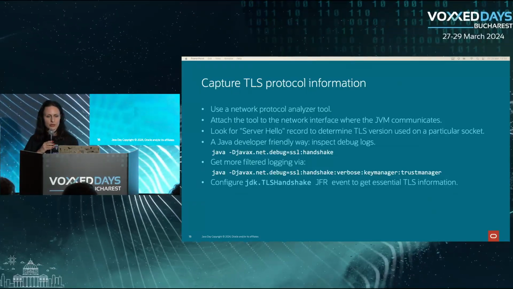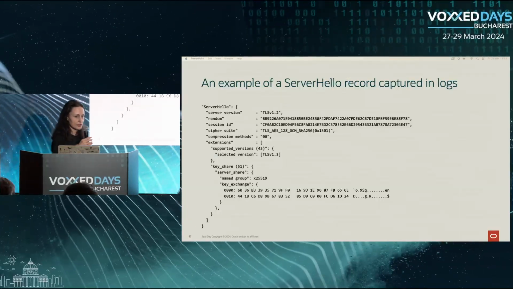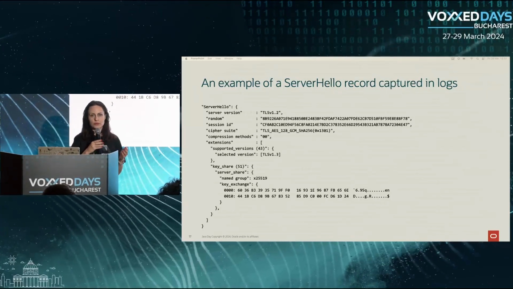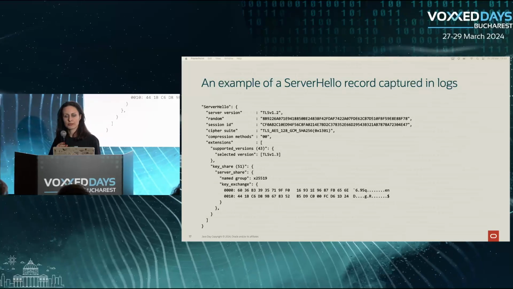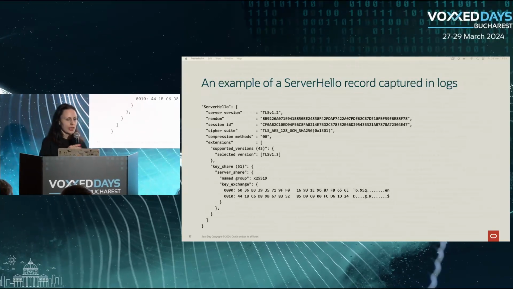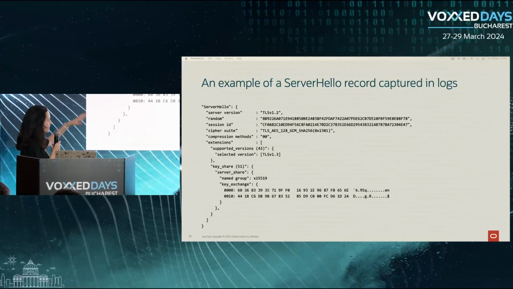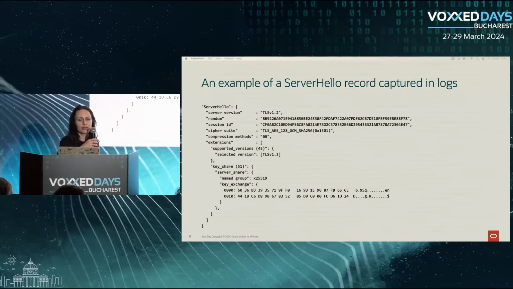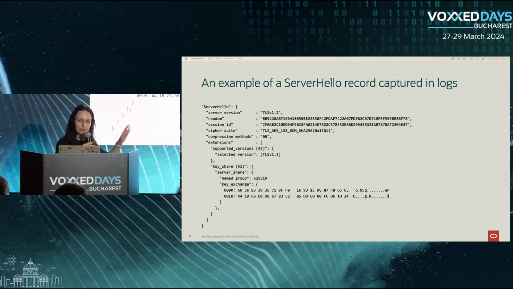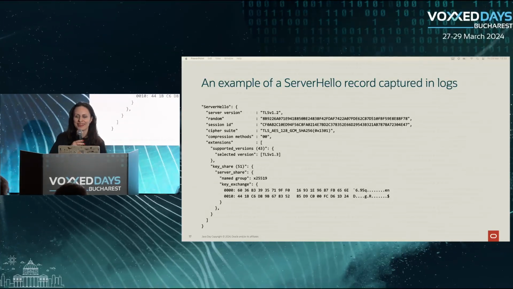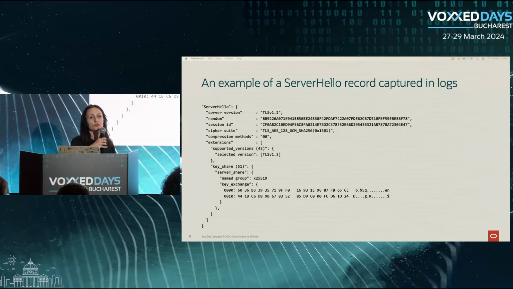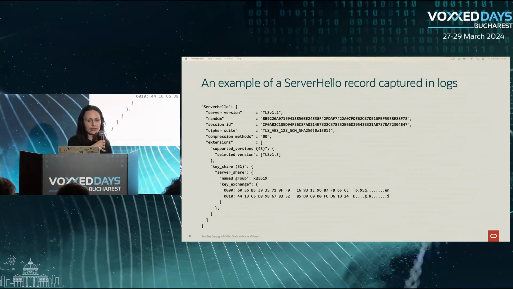But first, we're going to look at an example of the server hello. So if we are to look at the server hello record that was captured by the network analyzer, in many situations, its output would be like this. Oh, sorry, the server hello captured in the logs. I forgot about it. That's a print screen from the logs. So the output above shows which TLS version was used by the application.